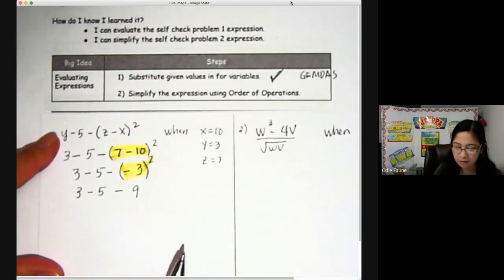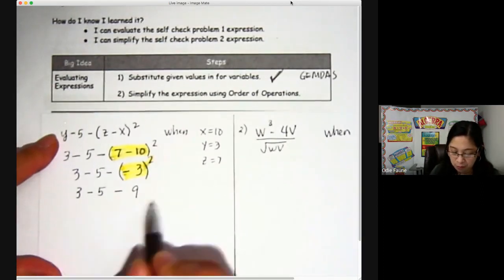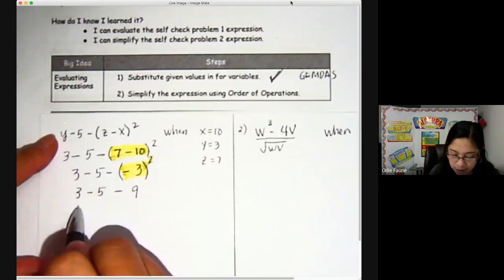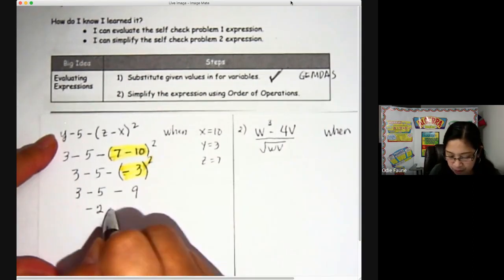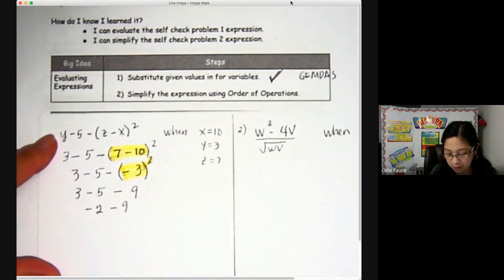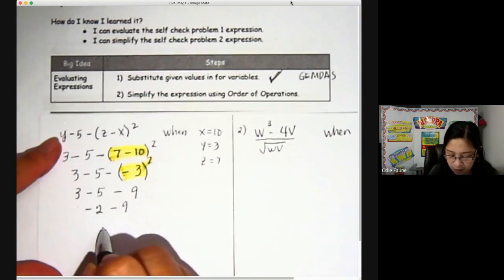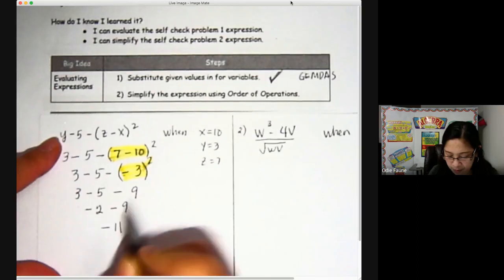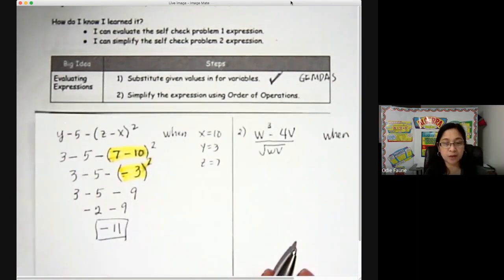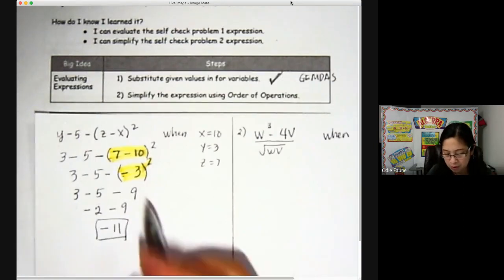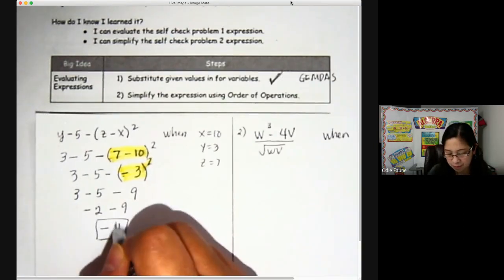There is none, so we do this from left to right. 3 minus 5 is negative 2. Drop your negative 9, and then negative 2 minus 9 is negative 11, following the law of integers: when we are adding two negative numbers, get the sum and put the same sign there.